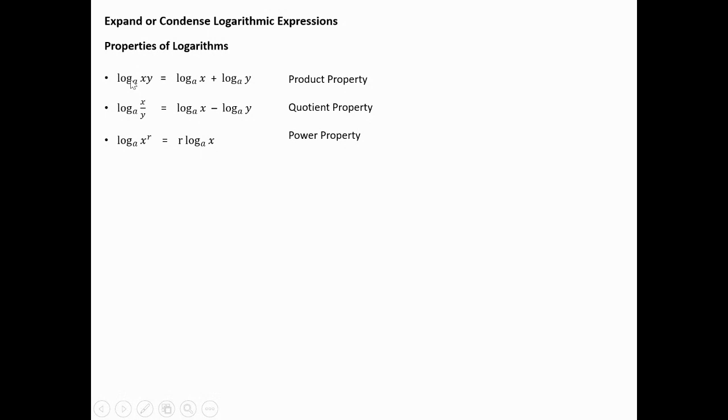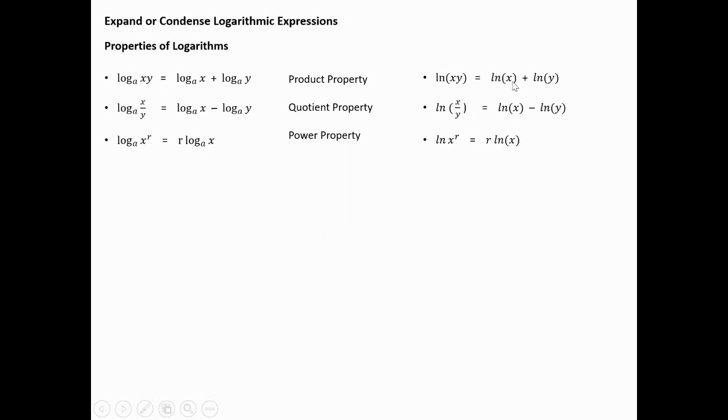I believe they call it single log in 1324, and they call it condensed in 1314. And this is called expanded form. Okay? And it's also the same thing for the natural logs. You see this is the product, the quotient, and the power. And again, this is called single natural log, expanded.